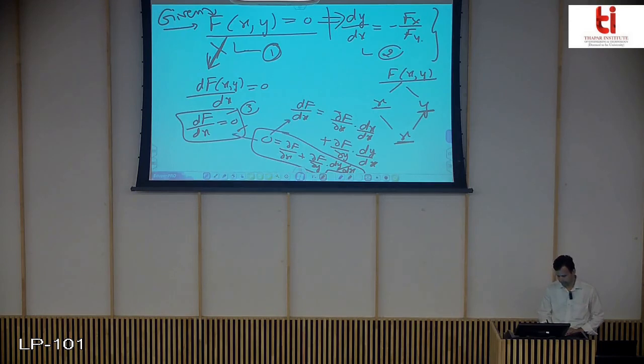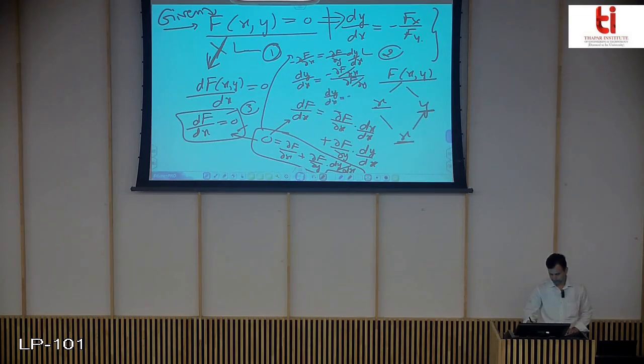Why? Because it comes from here. So this gives you minus del f by del x is equal to del f by del y times dy/dx, so that dy/dx is equal to minus del f by del x upon del f by del y, or in short we can write it as minus fx upon fy, and that is the proof of the result of this formula.